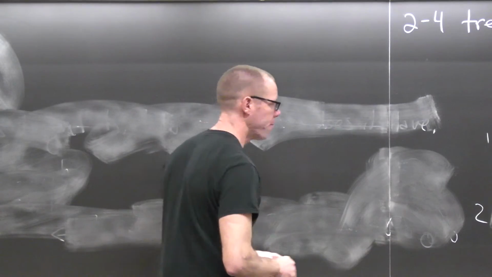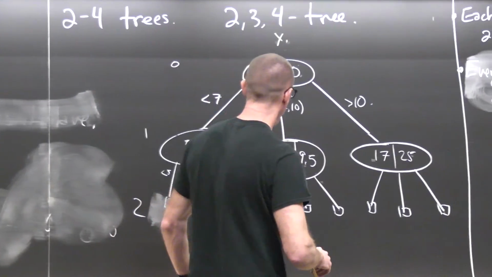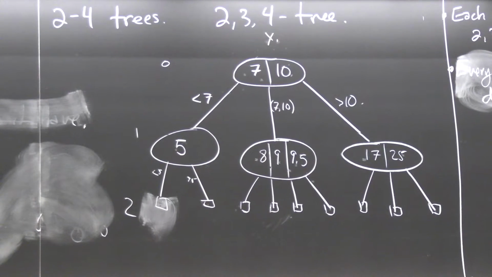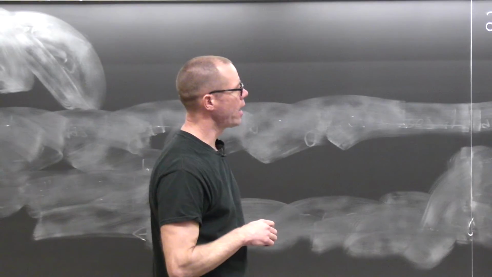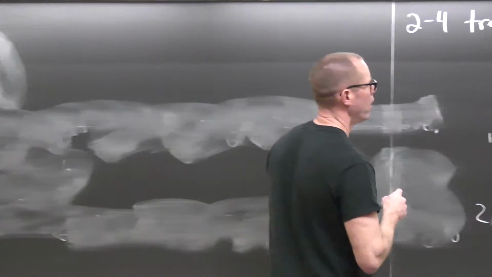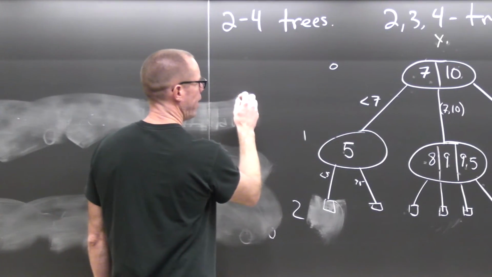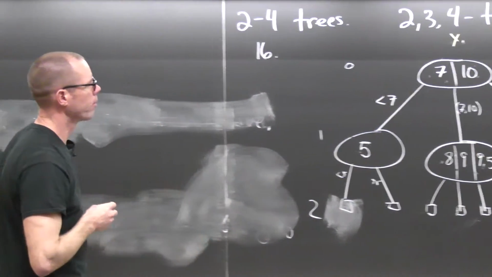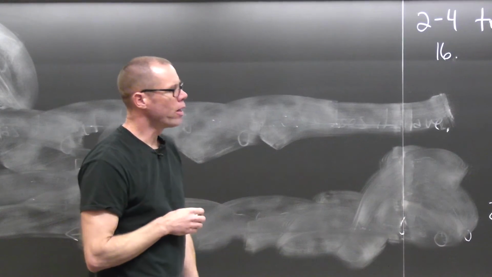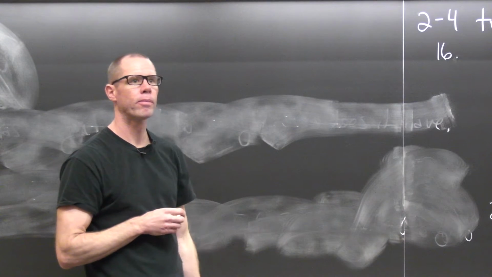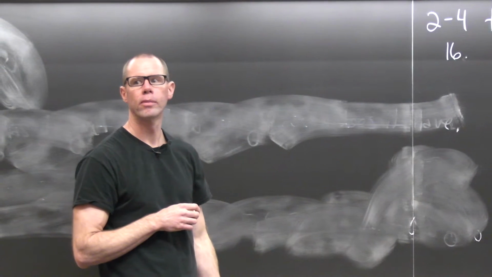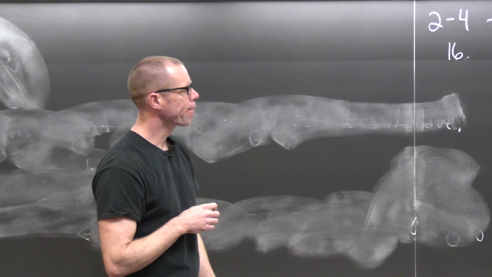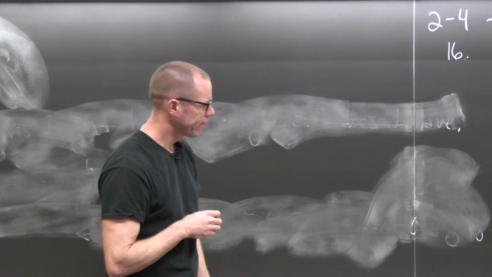So let's try that. See if we can add something to one of these trees. Let's say that I wanted to add the key, I don't know, 16. How would I do that? You would start by comparing to see if 16 was less than 7, in between 7 and 10, or greater than 10.